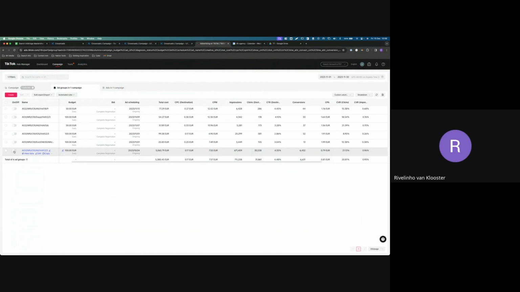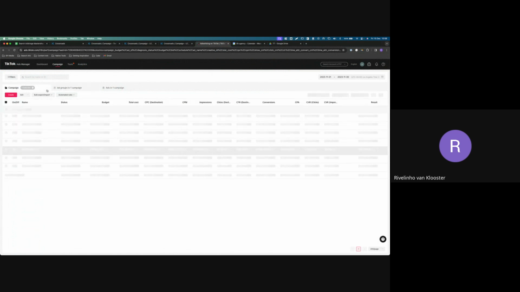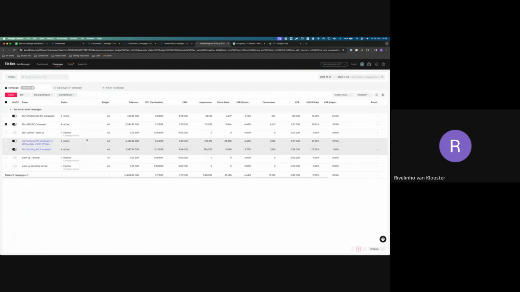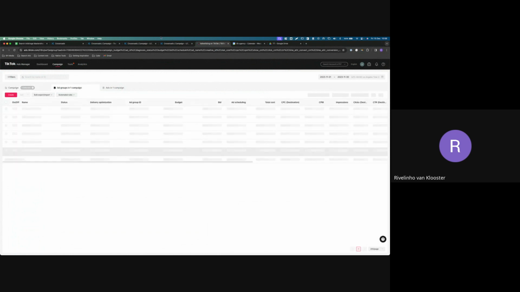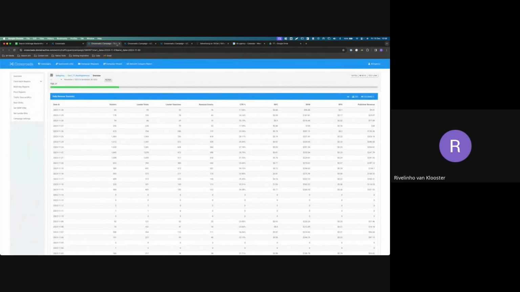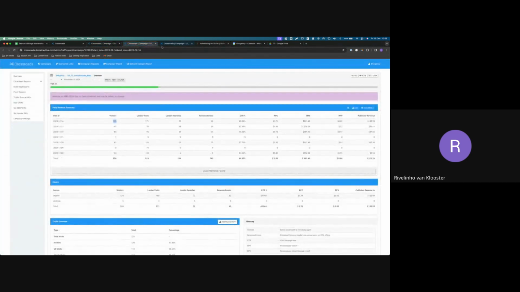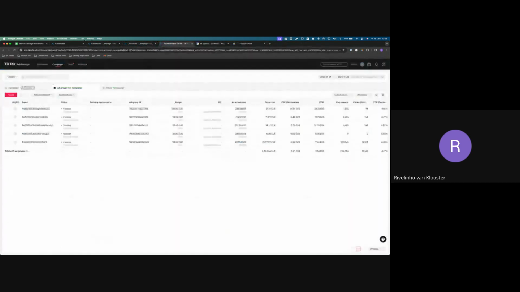So I'm gonna push it, turn it on. But I kept a reminder for myself in the back of my mind, and also on Todoist. And I believe it was the same case for roofing.